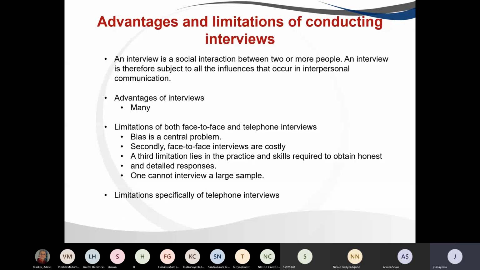That might lead them to start exaggerating their story, because now they're getting excited. They think, this person enjoys what I'm telling them, or I'm being really helpful for this person's research. They might end up exaggerating their story, adding bits and pieces that aren't supposed to be there. Things like that will influence your findings at the end of the day.